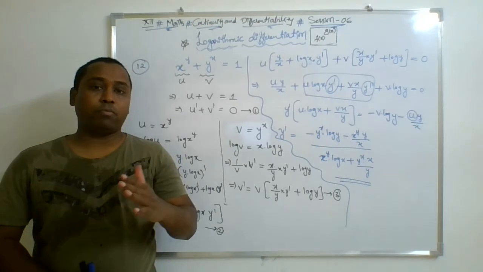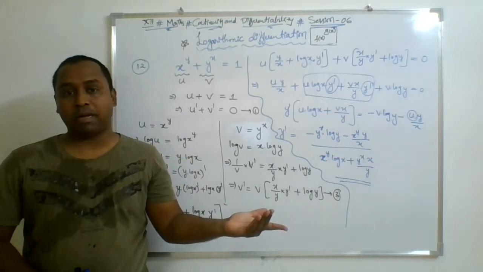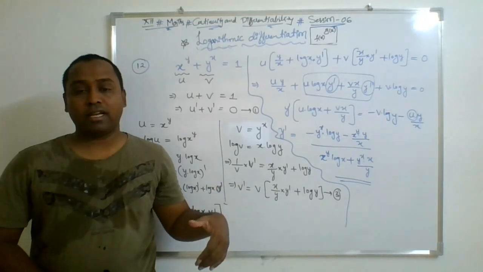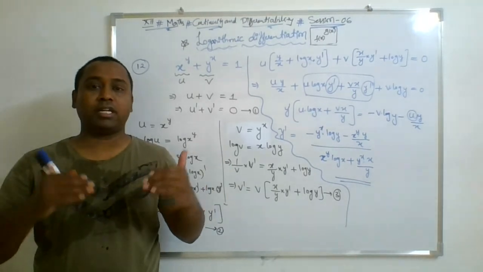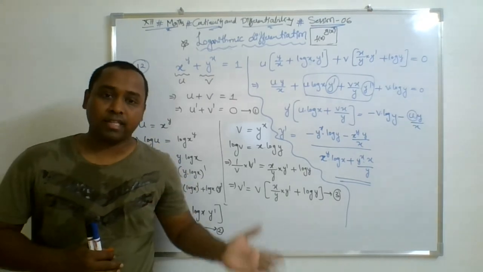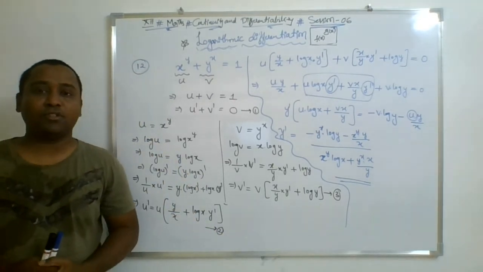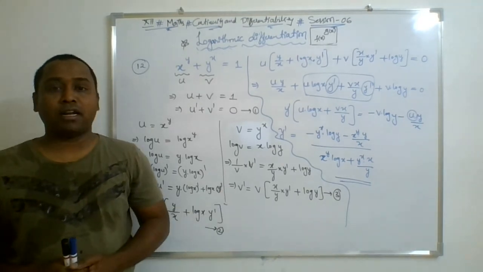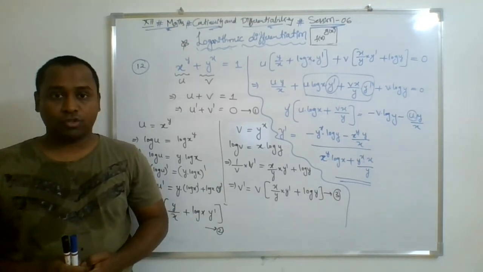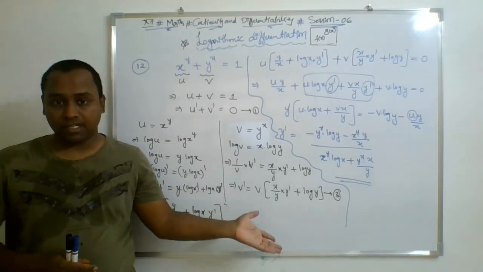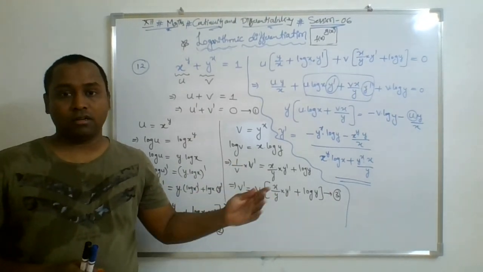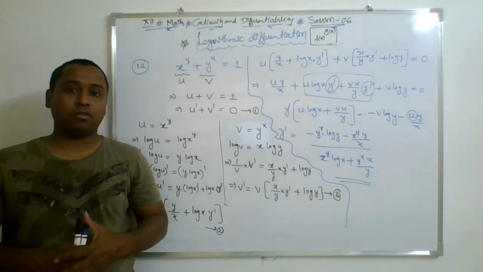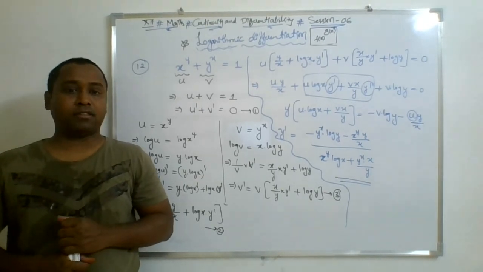It means simply by taking log on both the sides, by applying the properties of logarithms, you are able to simplify the expression into simplest form and then go for the differentiation method, and then get the final dy by dx. So I have taken 4 to 5 different sums where you will see the use of logarithmic differentiation, right? How this logarithmic differentiation makes things simple.